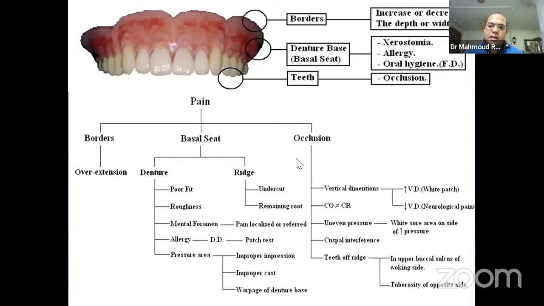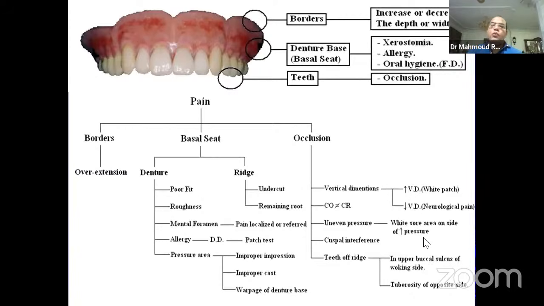Then the problems from occlusion, as we see here: vertical dimension of occlusion, if it is high or low. If it is high, the complaint will come very fast.